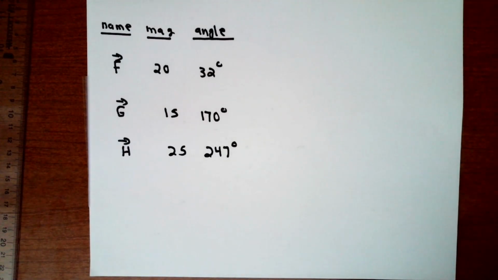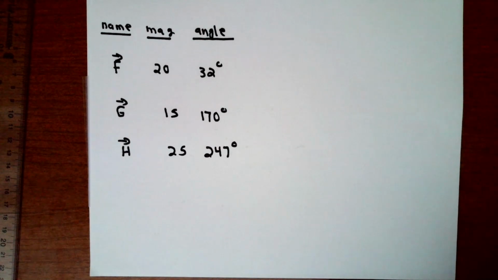I'll give these forces names: vector F, vector G, vector H. The magnitudes of F, G, and H are 20, 15, and 25 respectively, and the angles that F, G, and H make with the positive x-axis are 32 degrees, 170 degrees, and 247 degrees respectively.